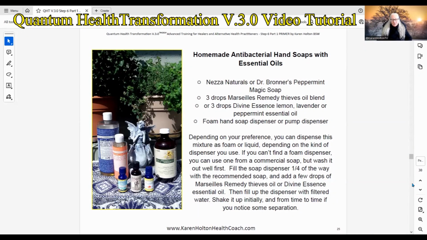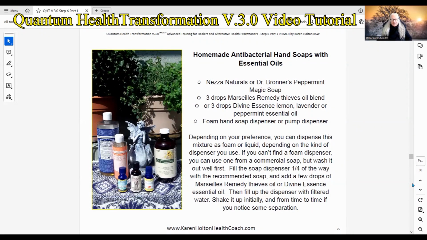Depending on your preference, you can dispense this mixture as a foam or liquid, depending on the kind of dispenser you use. If you can't find a foam dispenser, you can use one from a commercial soap, but wash it out really well first to remove any of the synthetic chemicals.